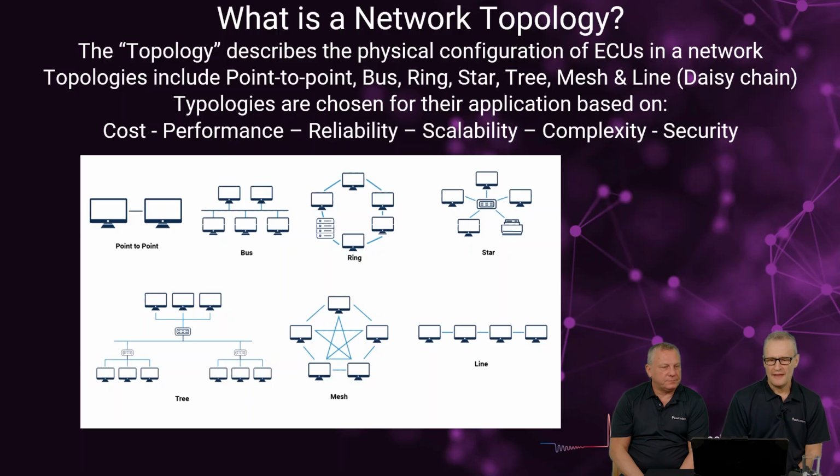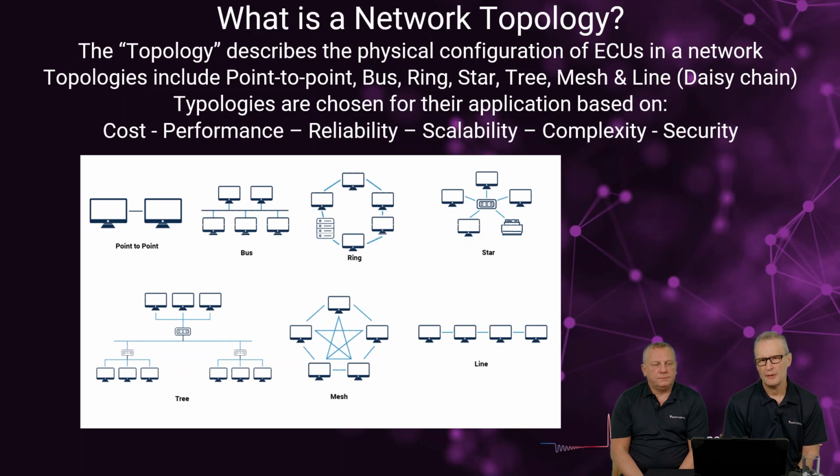On that, why do we have so many topologies? The brief explanation is it depends on what the vehicle manufacturer wants from that network. Performance is critical, of course. Cost always comes into play, so the type of network they're going to use for a certain system, the performance that you get from the various topologies.